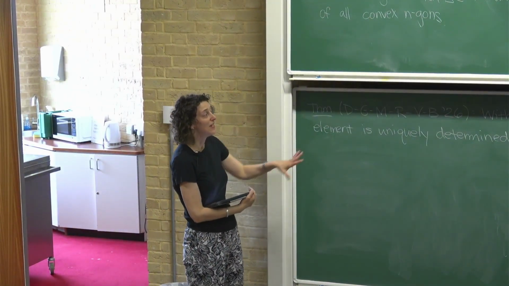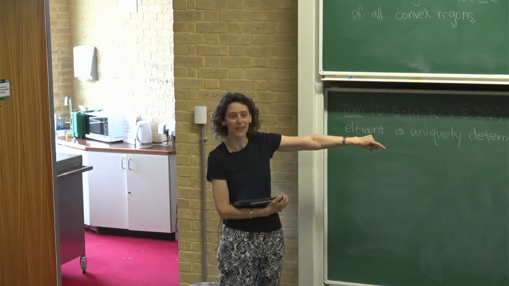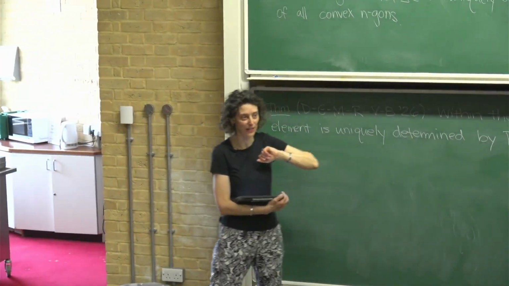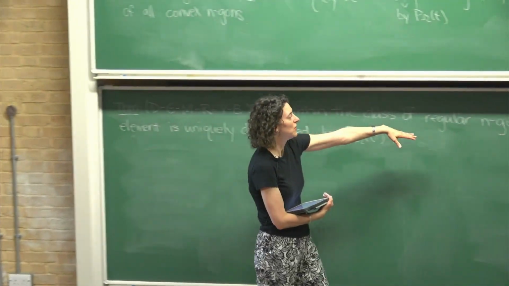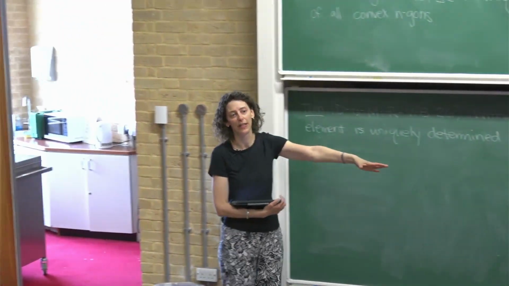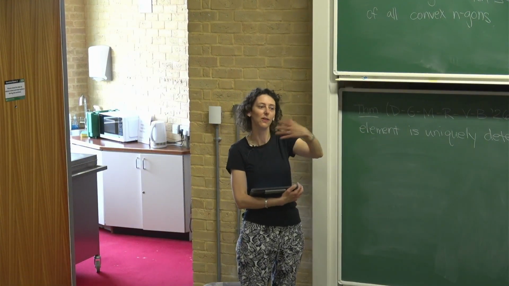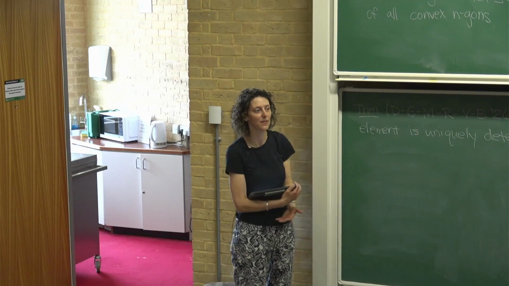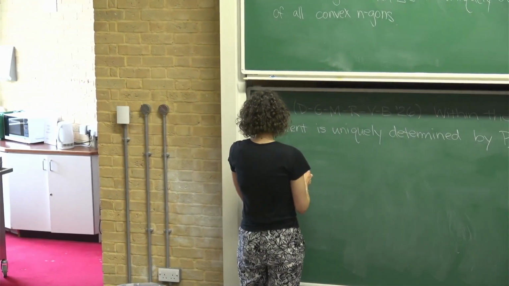Okay, so that's not as nice as the result I told you for the Laplacian, right? This says you have to be within the class of regular n-gons, but it does get at the question of you don't need to know n to start with, right? Now if you restrict in a different way, if you restrict to the class of all regular n-gons, I can tell you if you have the square or the equilateral triangle or whatever, okay? So you don't need to know the number of vertices.